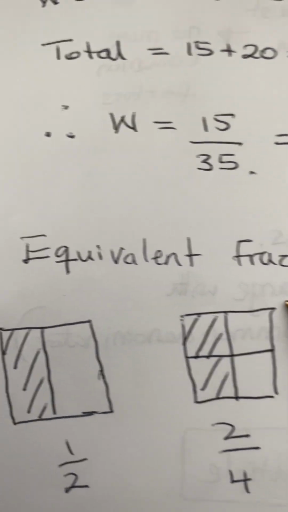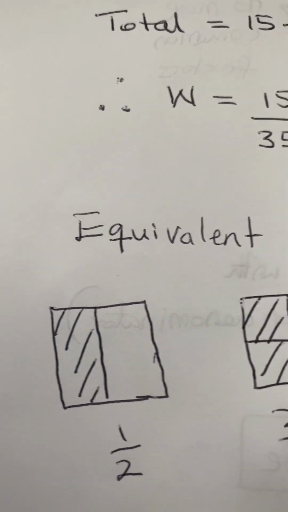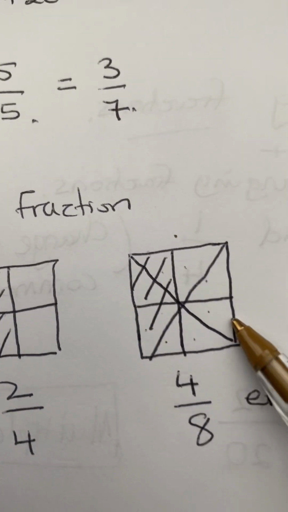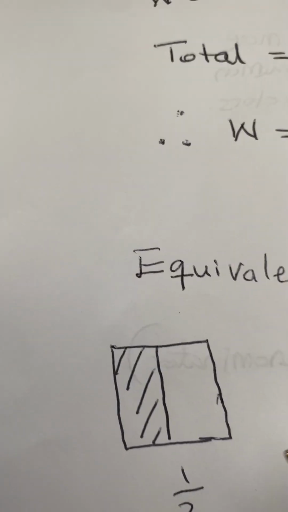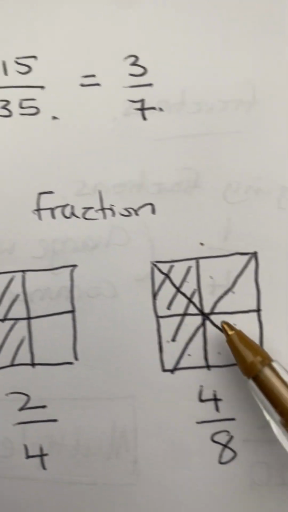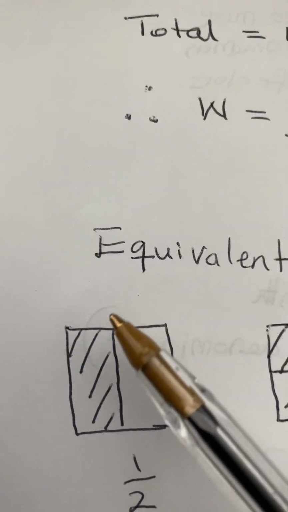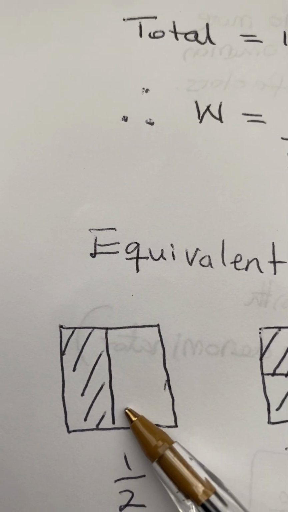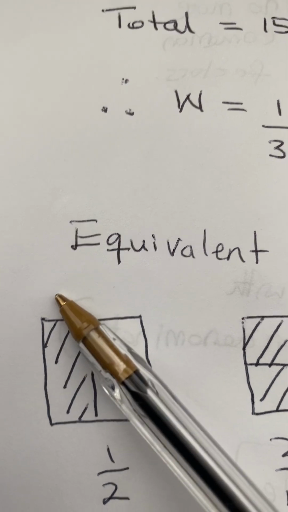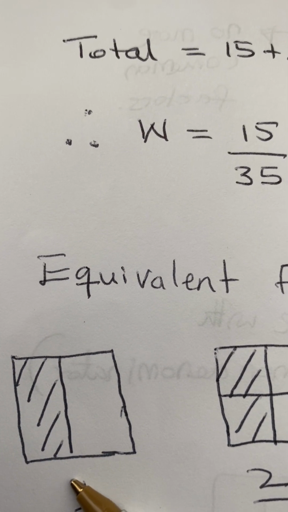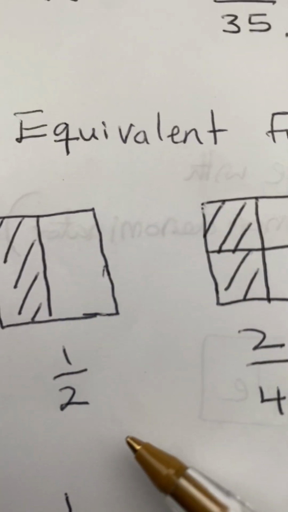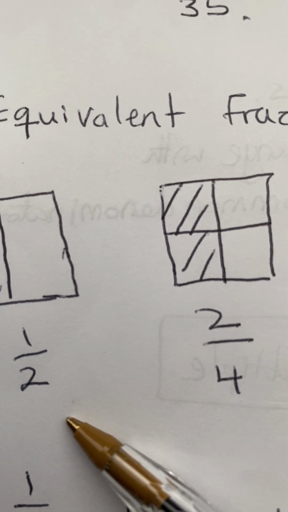So for instance, look at these boxes I've made here. They are not to scale, but assuming they are the same boxes, the first one I've split into 2 and shaded half of it, which is 1 out of 2.